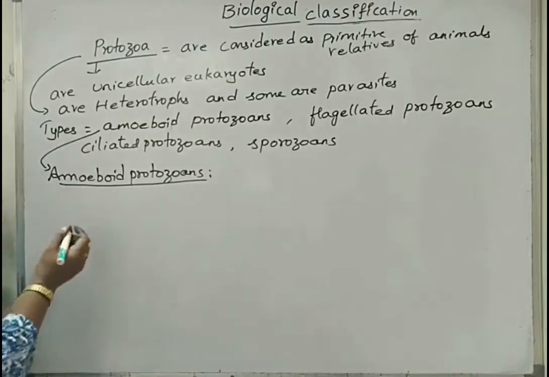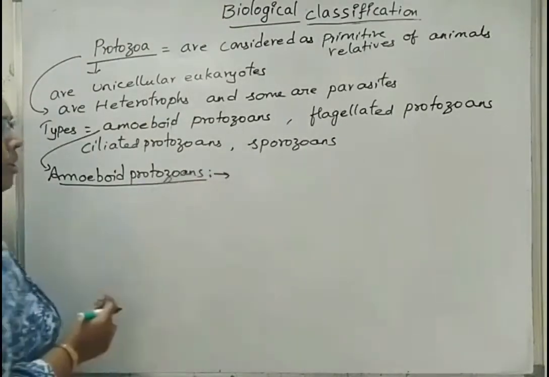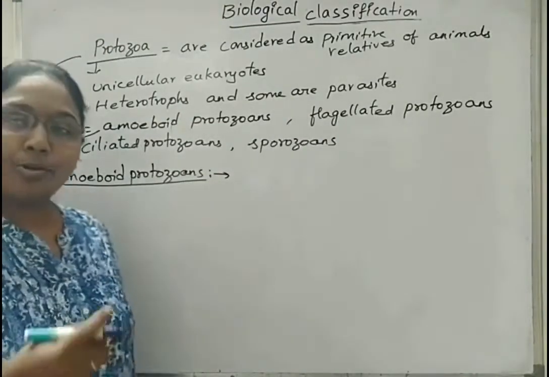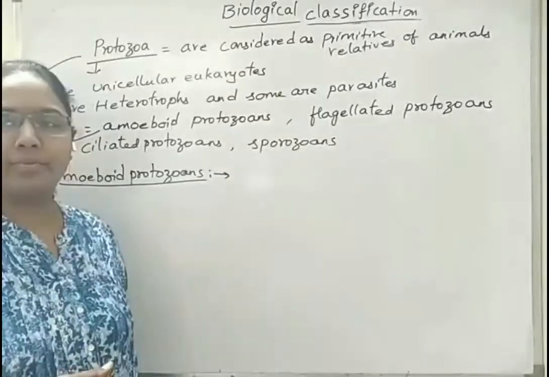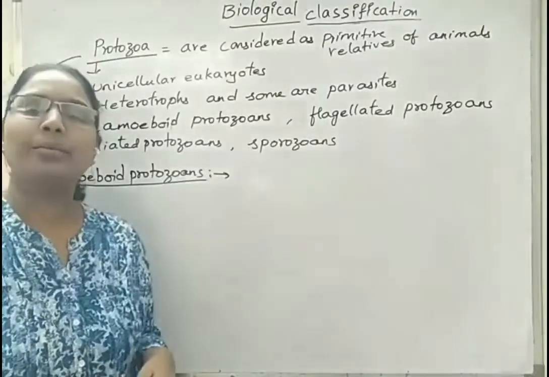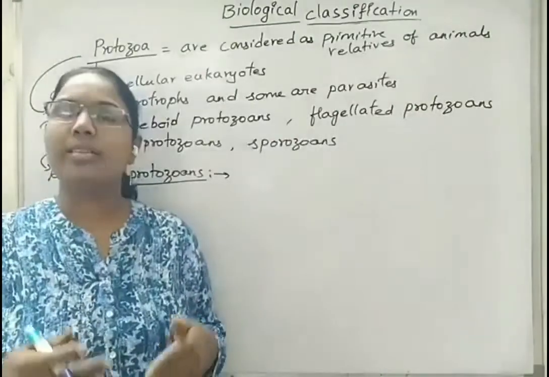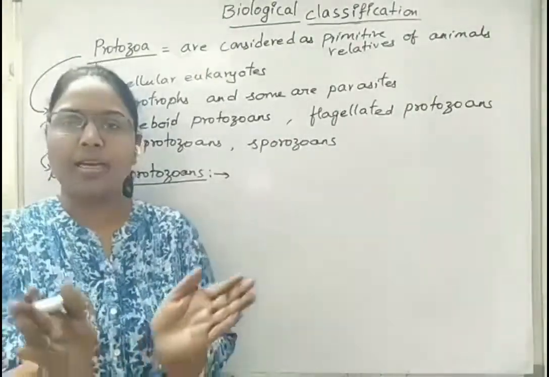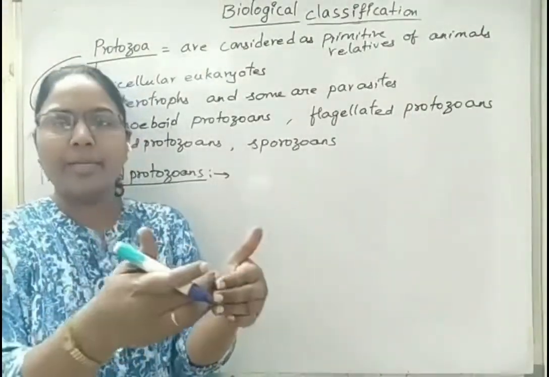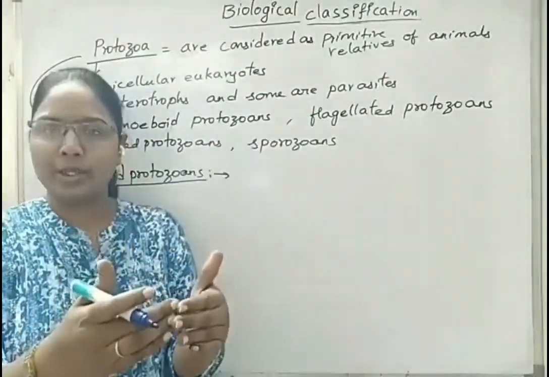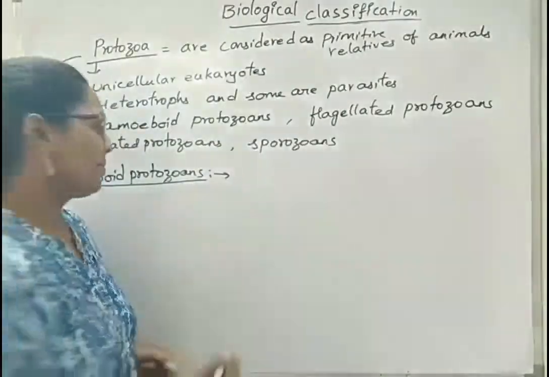Their locomotory organs are pseudopodia. Mode of nutrition is holozoic. Holozoic means they protrude their pseudopodia around the food material and form a food vacuole inside their body.